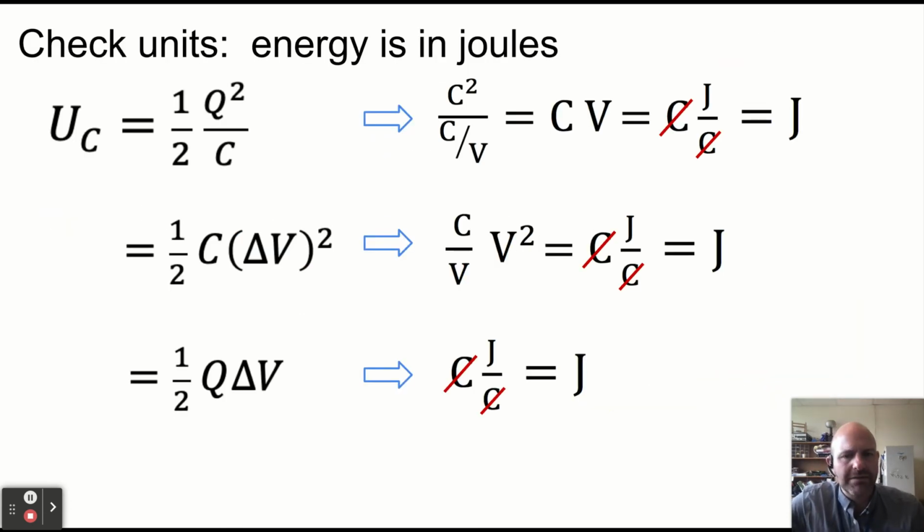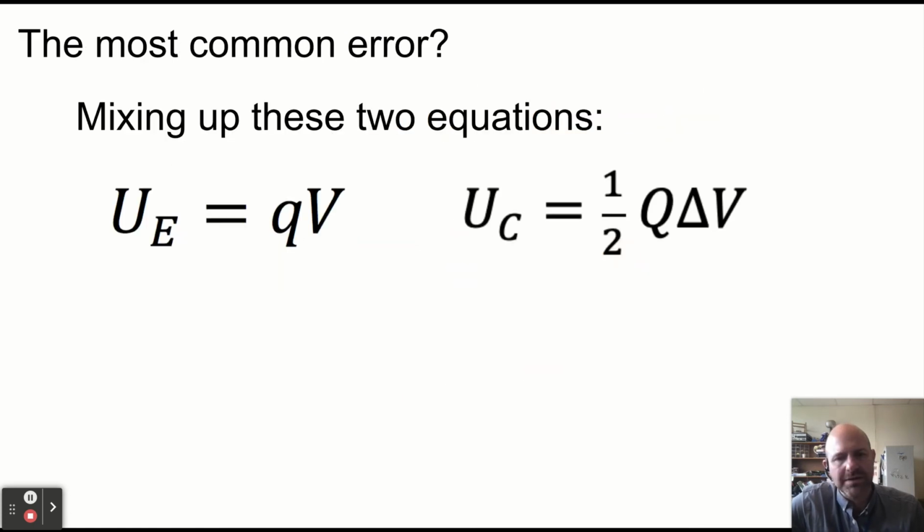We can double check that this all works out. It's joules regardless of how you start. You need to be a little bit careful, because these are not the same thing. The electric potential energy that a particular charge has, because it's placed in a potential field, is Q times V. That is always true for any point particle placed anywhere with some potential.